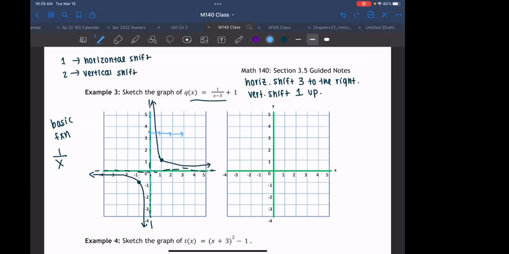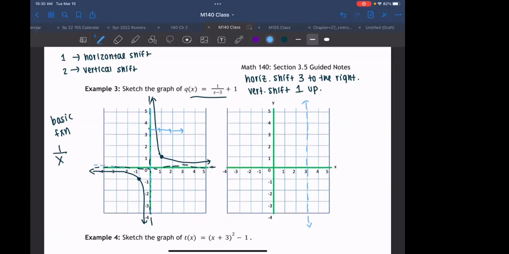So I just shifted it 3 to the right. I'm going to take my horizontal asymptote here. Well, I can shift it to the right, but nothing really happens, right? So I can vertically shift it up 1, and it becomes up here. So does everyone kind of see what I did here?